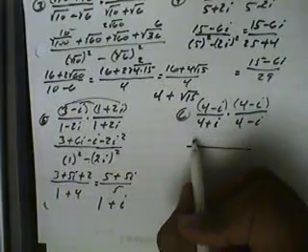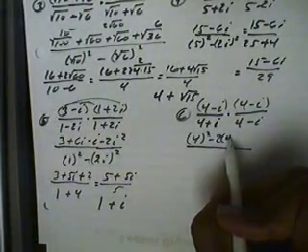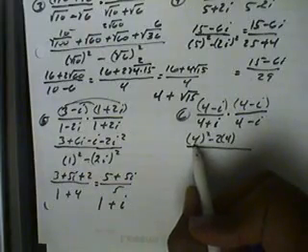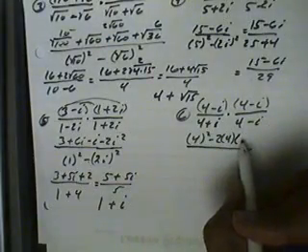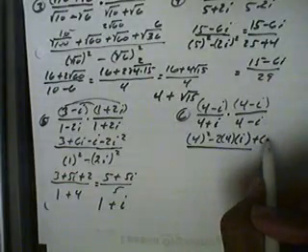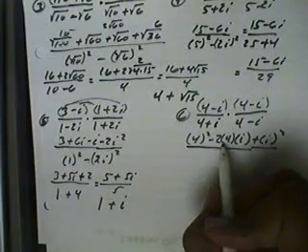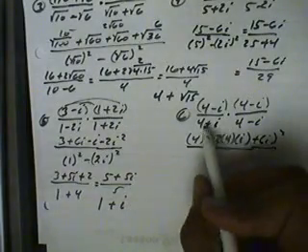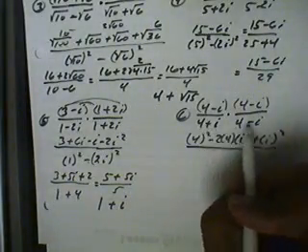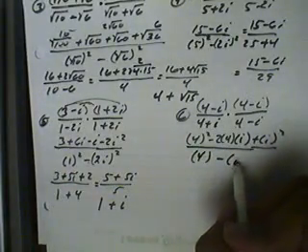So what I'm going to get is 4 squared minus 2 times 4 times i, which is a squared minus 2ab plus b squared. And down here, these are conjugates, so this is going to be a squared minus b squared.